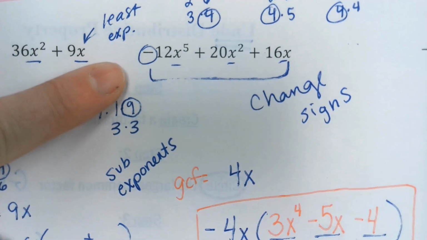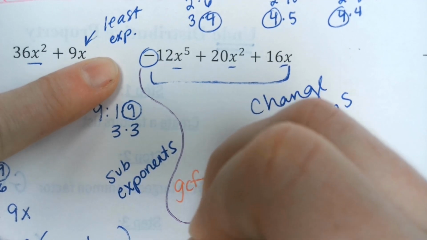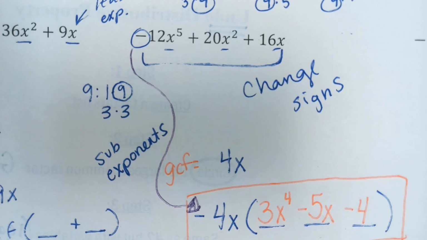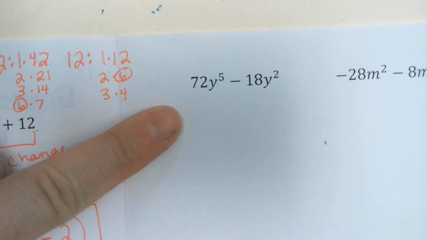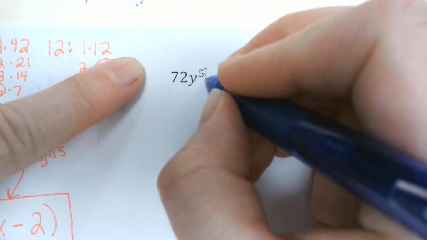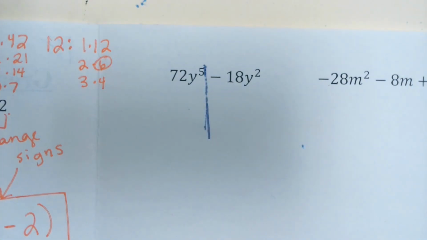So this one, we also did that. So if you want to put your arrow there, you can. Okay, this one we don't have a negative out front, so we're not factoring it.